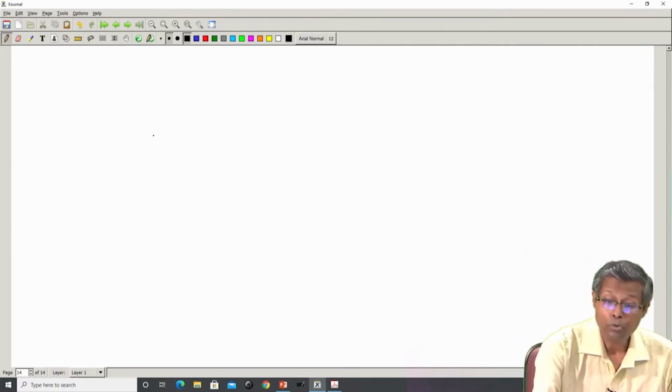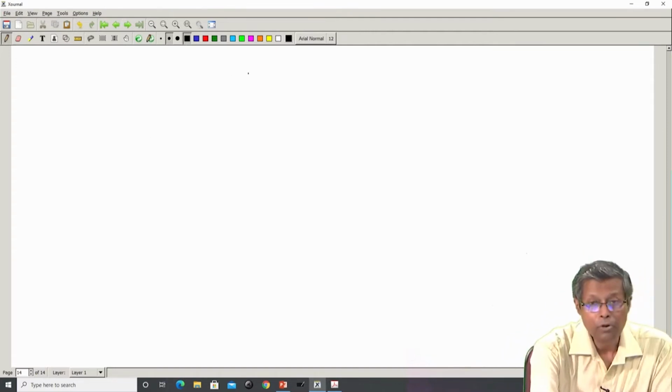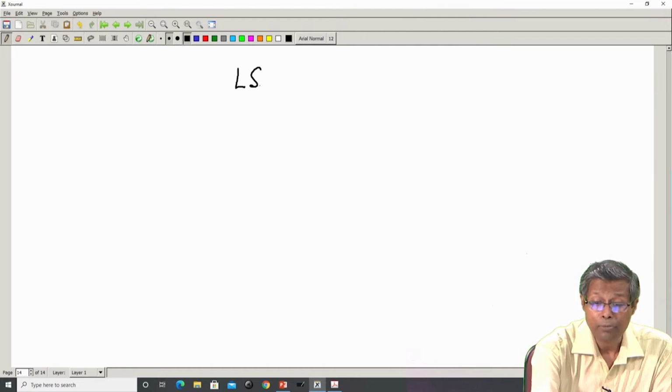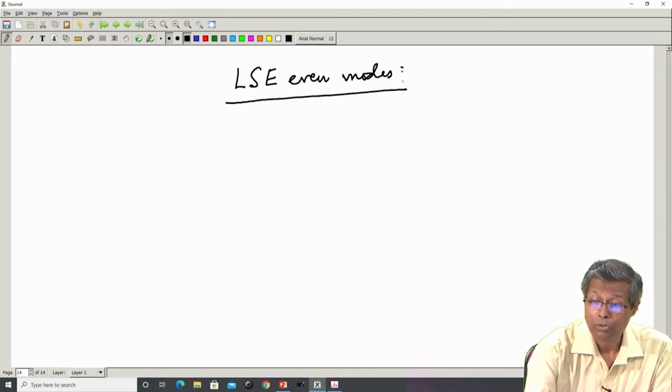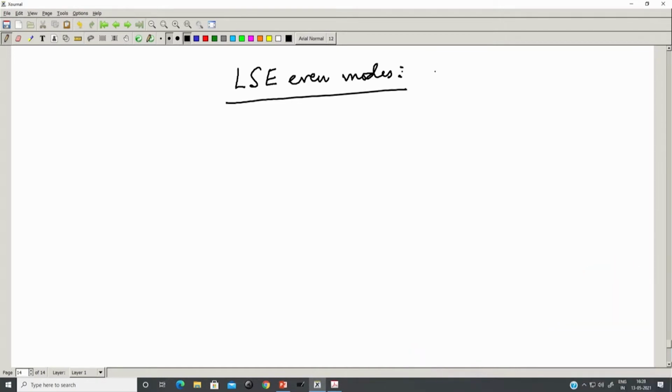Now we come to the potential functions for the LSE even modes. We are not going to explain too much here, we are just going to write it down for reference sake, because we are already familiar with the LSM even and odd modes.